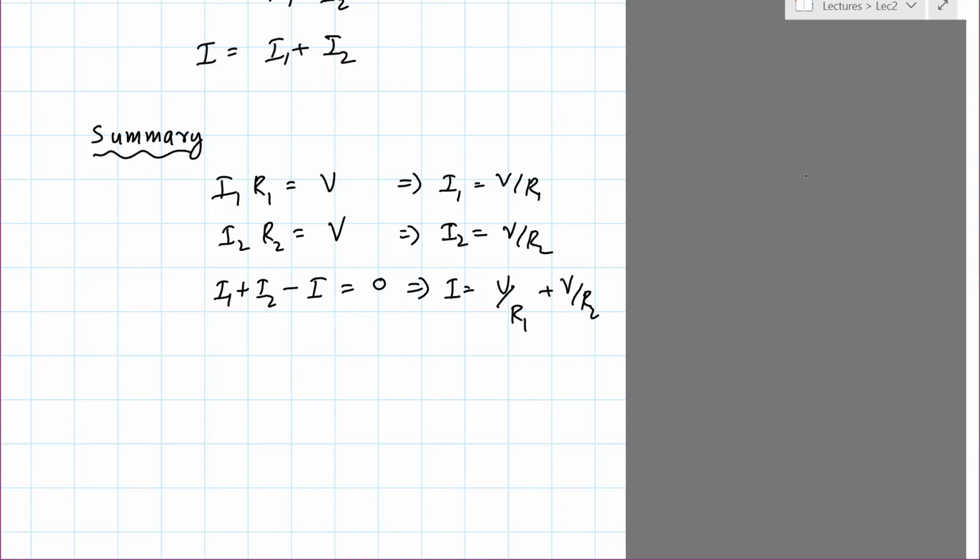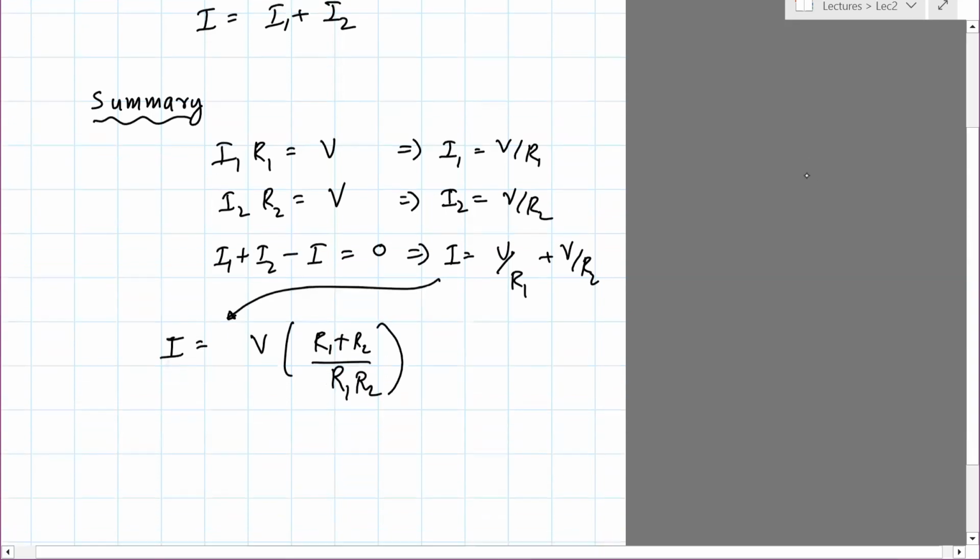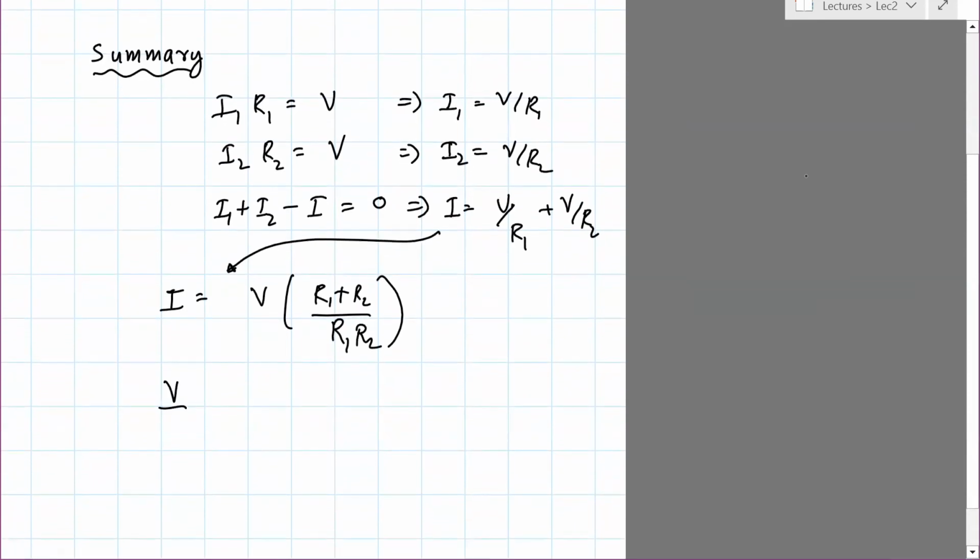Right? So from this, we can now try to compute the effective resistance. It's going to be I equals, I'm taking this equation and writing it as V divided by I, which is the R effective, is R1 R2 divided by R1 plus R2.